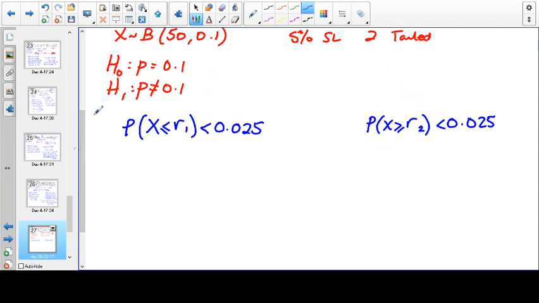Okay, so let's stick some numbers in. I'm going to start off with a guess of 10. See what happens. 10 is far too big.